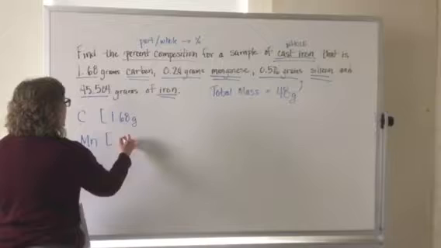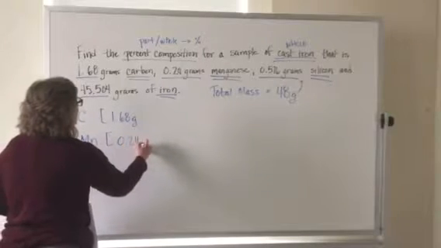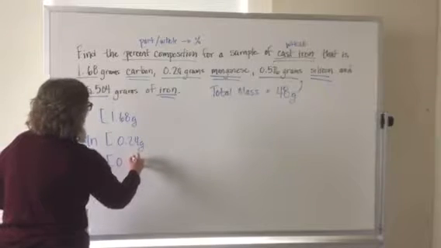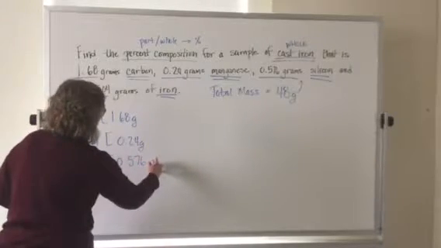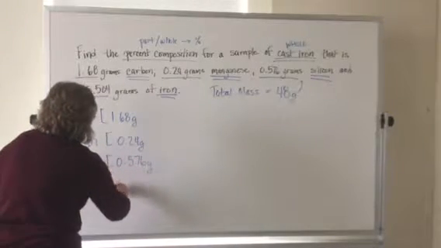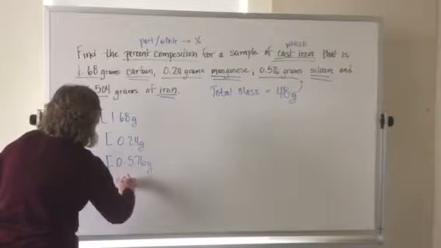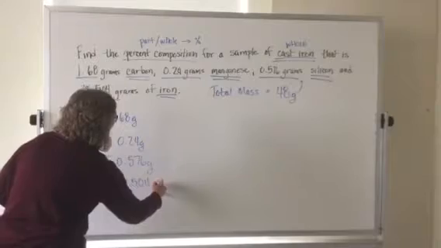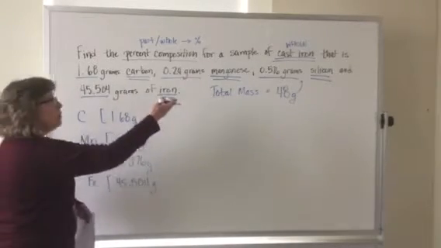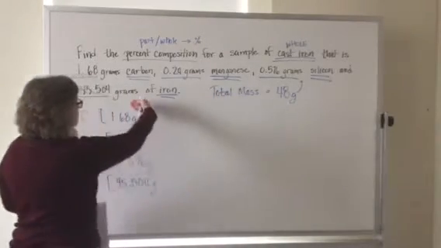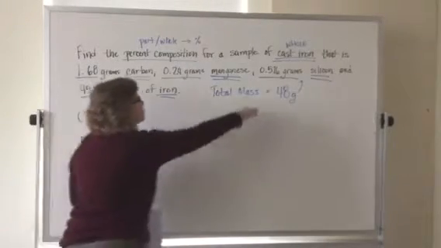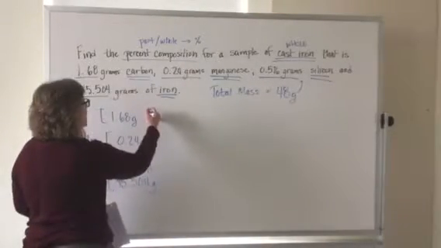For manganese, I have 0.24 grams. For silicon, I have 0.576 grams. And for iron, I have 45.504. Remember, the total mass is based on all 4 of these added together, and that gives me that total number of 48 grams.